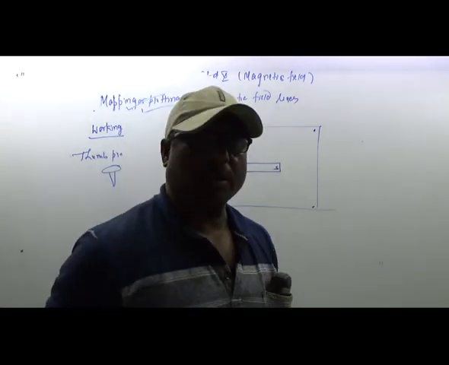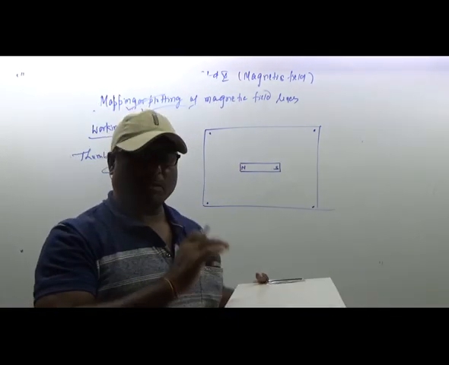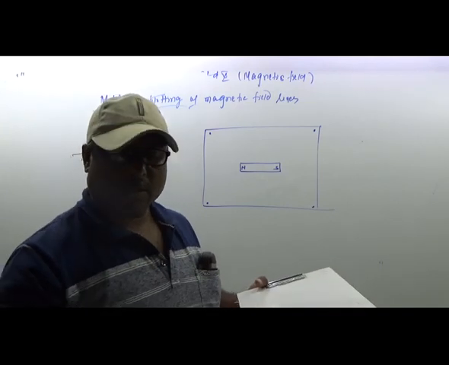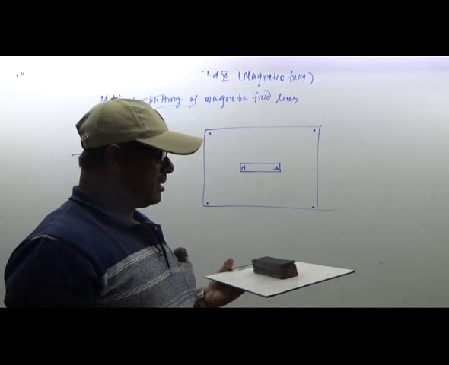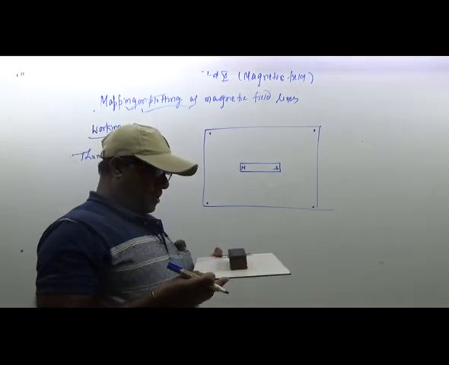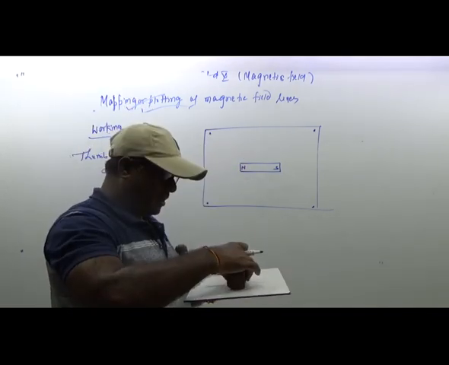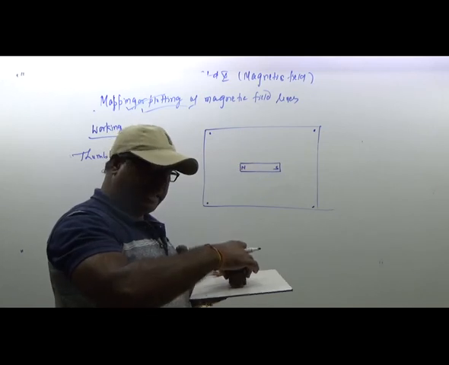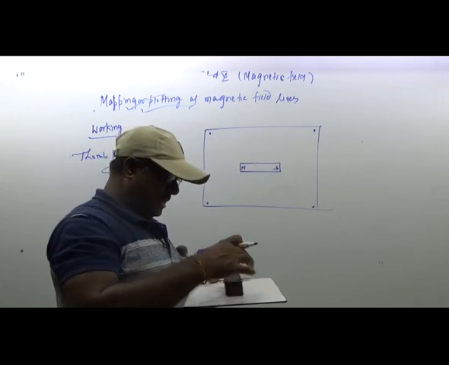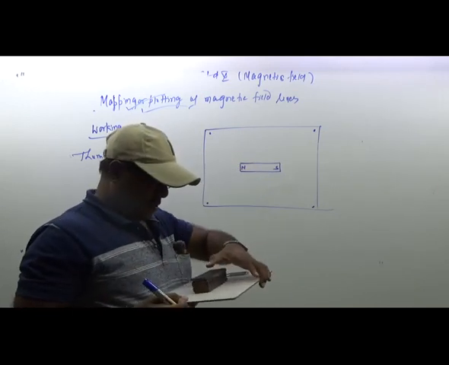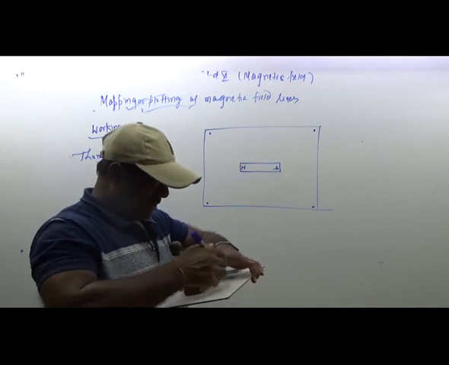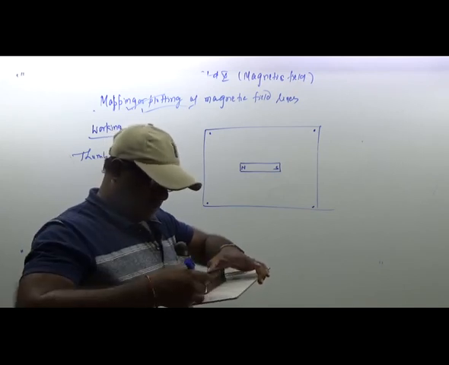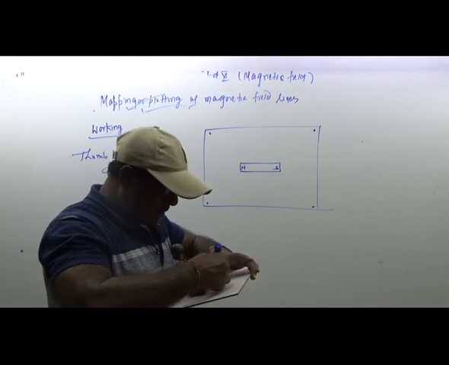Suppose this is the drawing. This is the drawing. And it is a bar magnet. Alright. So a bar magnet is placed on it, and an outline is drawn. Outline is drawn like this. We keep this finger here and like this.